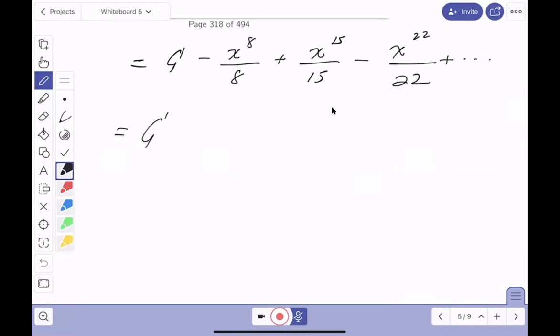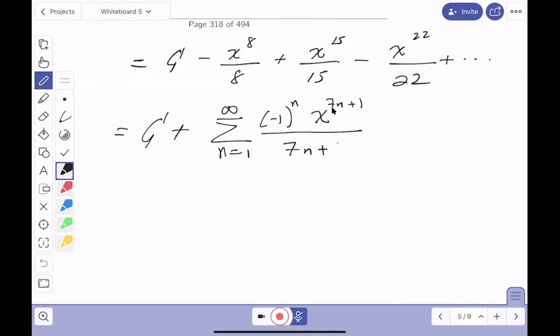This is going to be c plus the sum, I'm going to start n equals 1 to infinity, (-1)^n, we'll check it. And then I'm going to say it has something to do with x raised to a power. And what's the power, looking at it? It's going up by 7, so something to do with 7n. Now, of course, if it starts at 1, I'd have to put 7n plus 1. We'll check it later. Now, the exponent is the same as the divisor, so if this works, this is going to work.